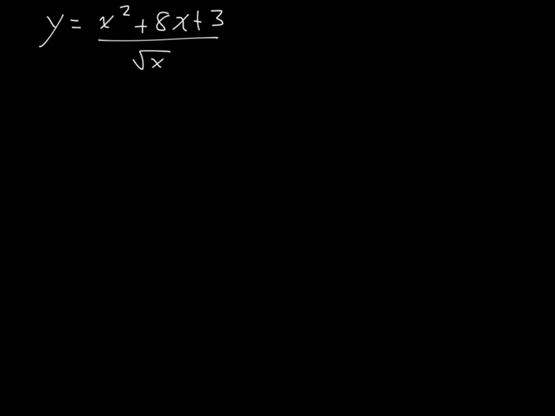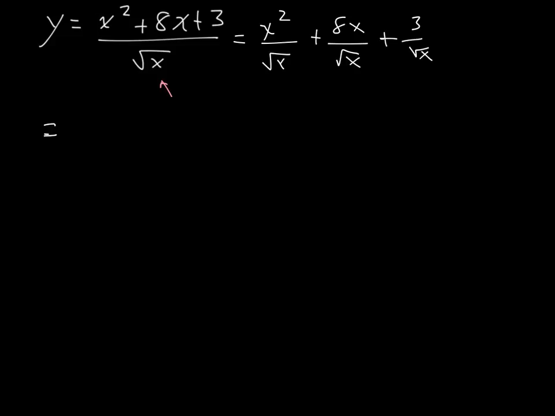Because if you have just one term in the denominator, then you could rewrite this as every term up top over that denominator, right? And then you could make these into powers.